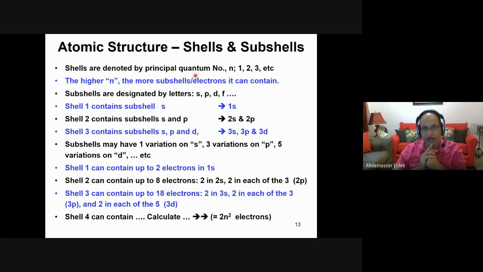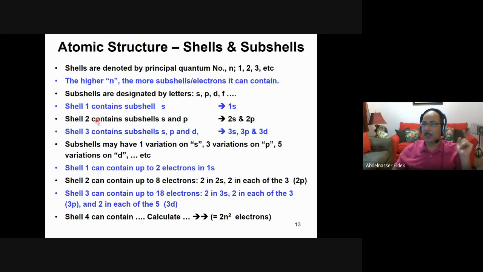Okay, but each shell also has subshells. For example, each shell has subshells, which we call S, P, D, F, and so on. So for example, shell number 1 contains subshell S, so it has only S. Since it is shell 1, we call it 1S, only.